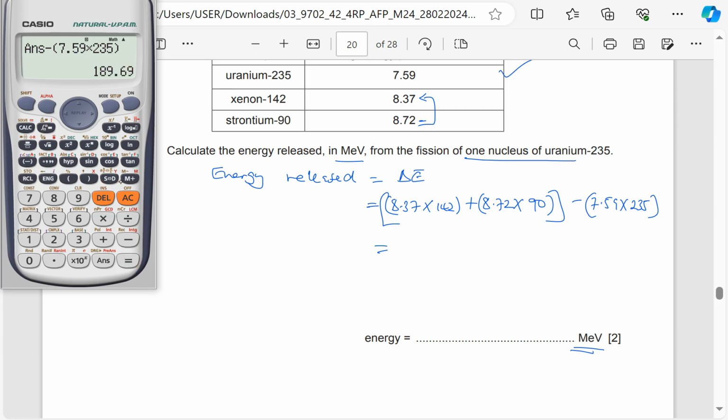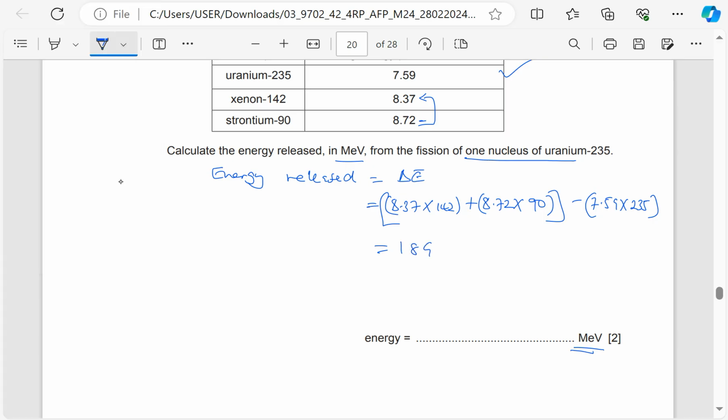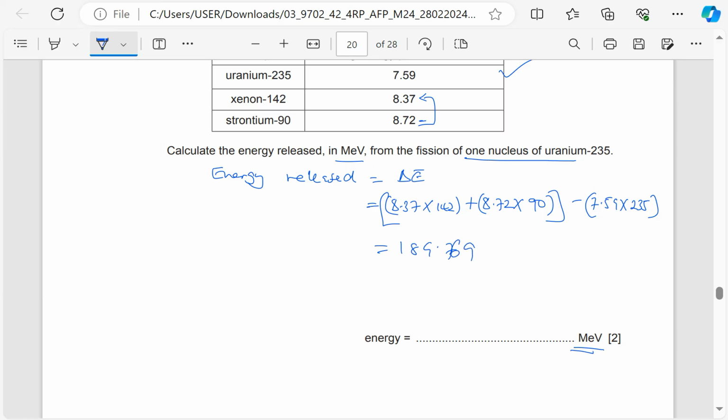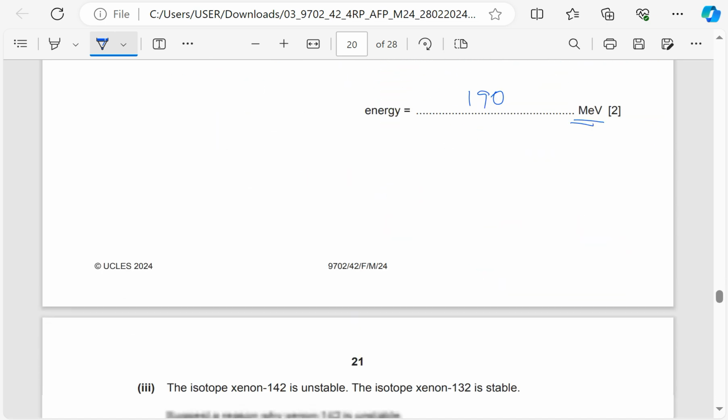So this is giving me 189.7. Or I can write 190 approximately. So approximately I can write 190 mega electron volts. So the difference in energy is the energy which is being released.